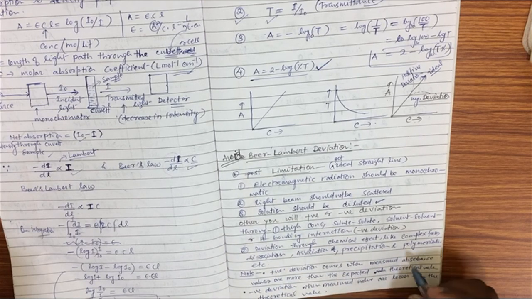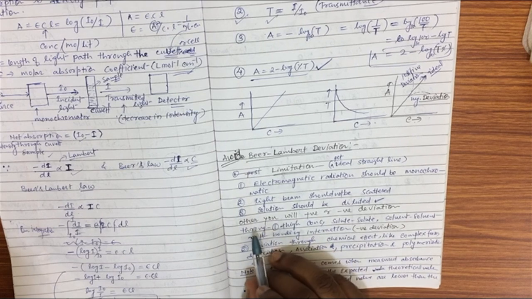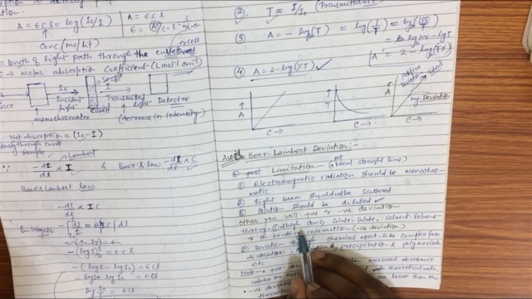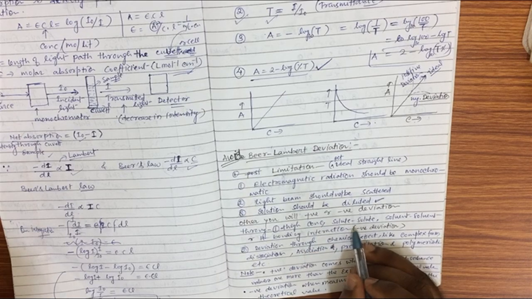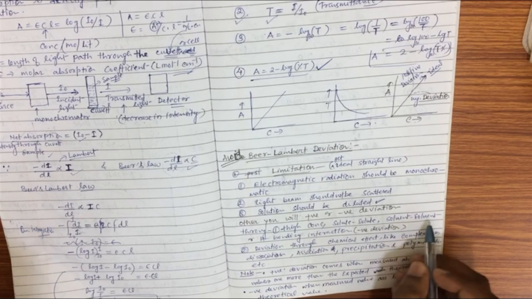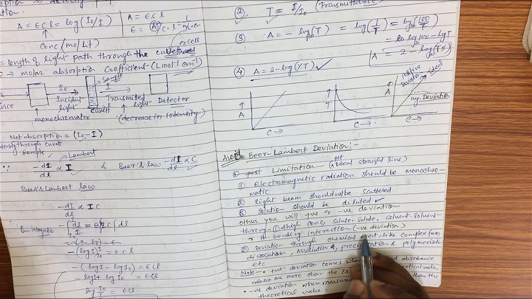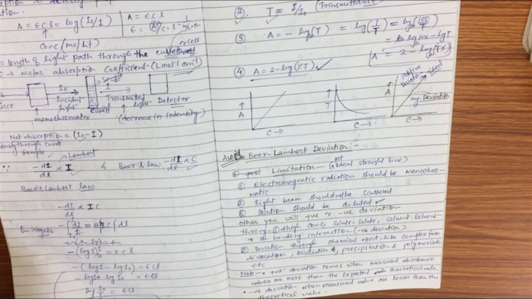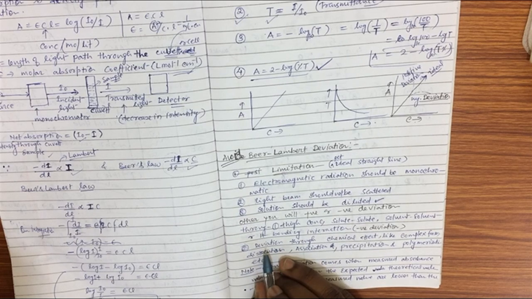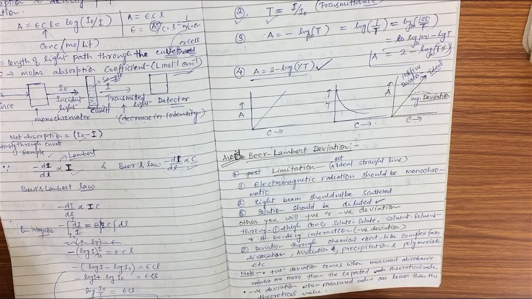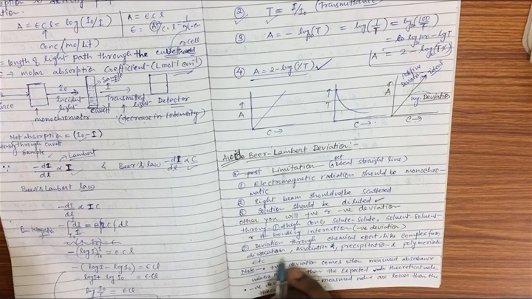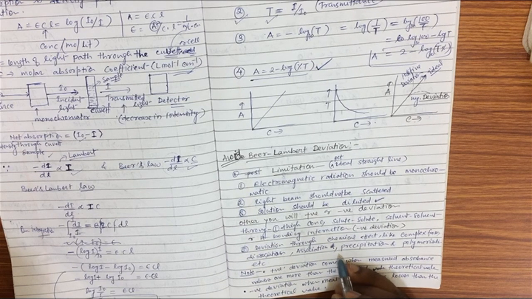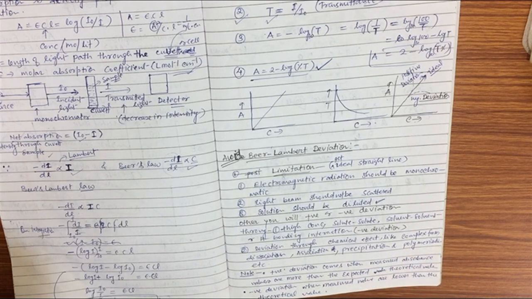When will you get negative deviation? When you use high concentration, with solute interaction, solvent interaction or hydrogen bonding, then you will get negative deviation. Through chemical effects like complex formation, dissociation, association, precipitation and polymerization, you will also get deviation.